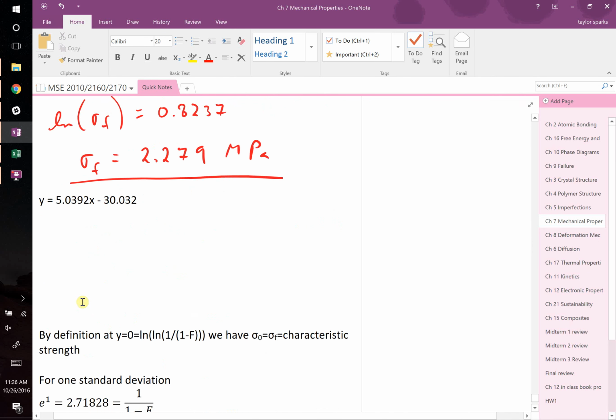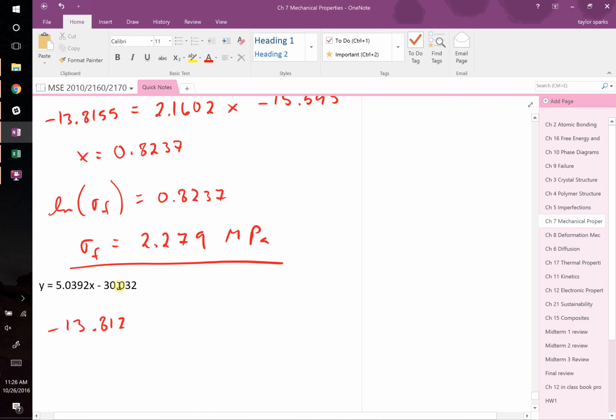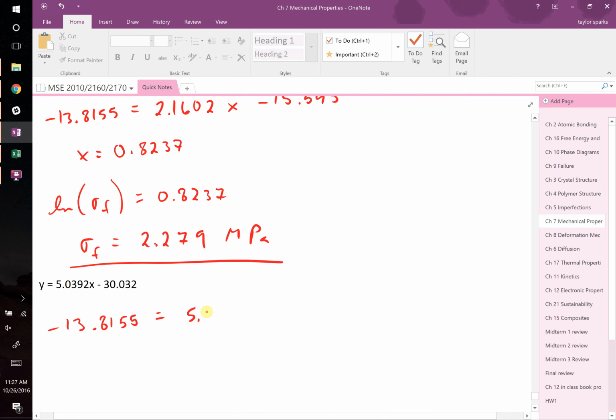So we can just say that negative 13.8155 is going to now be equal to 5.039 x minus 30.032, right?